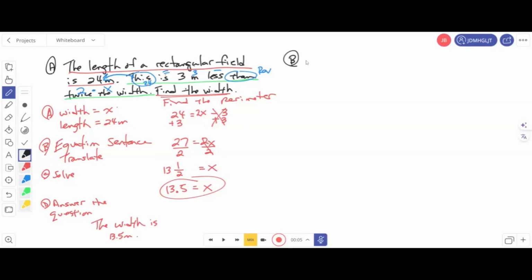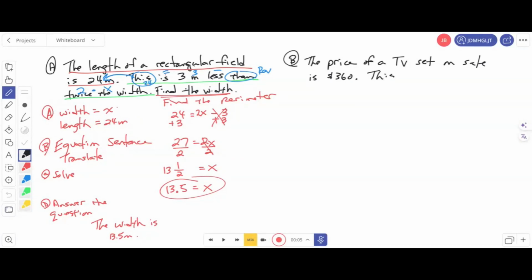All right, problem B says the price of a TV set on sale is $360.